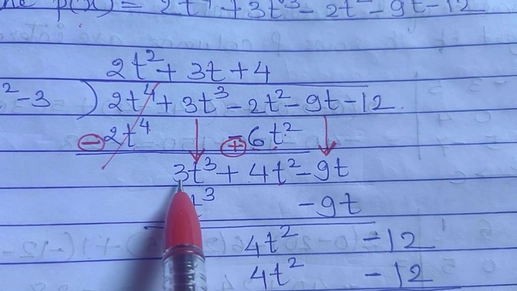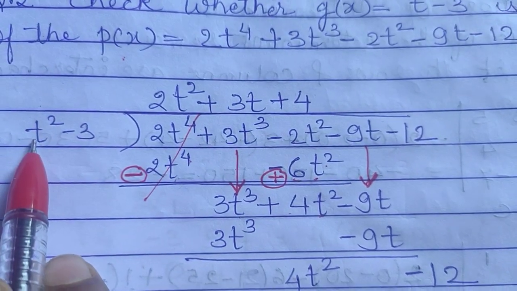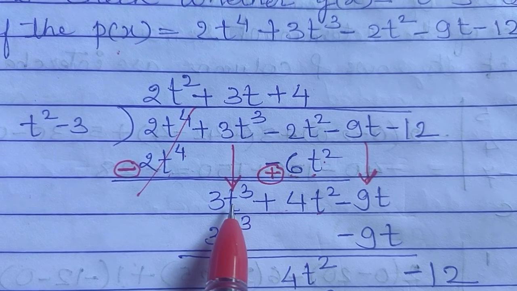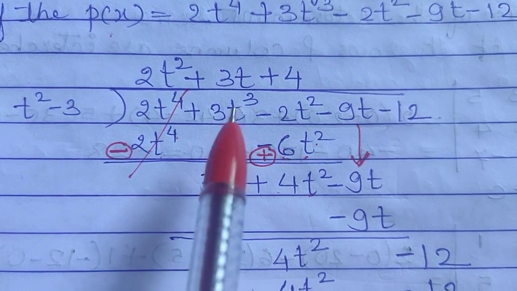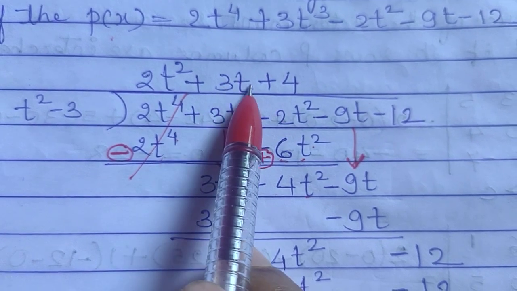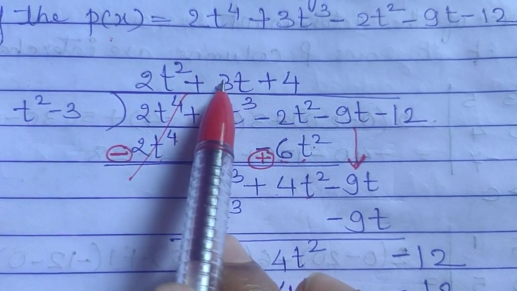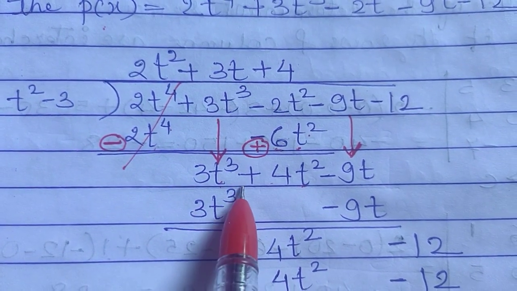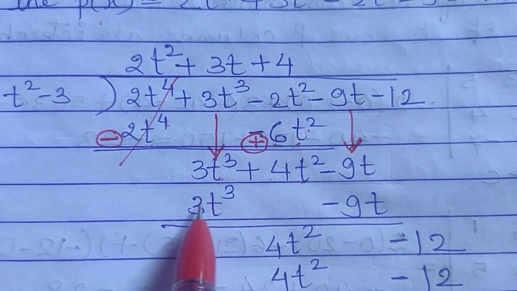Now here the first term is 3t cube. The divisor degree is 2, so the difference between the degrees is 1. So now we have to multiply by t. The coefficient of this t cube is 3, that's why we have to multiply by 3t. So 3t into t square is 3t cube.